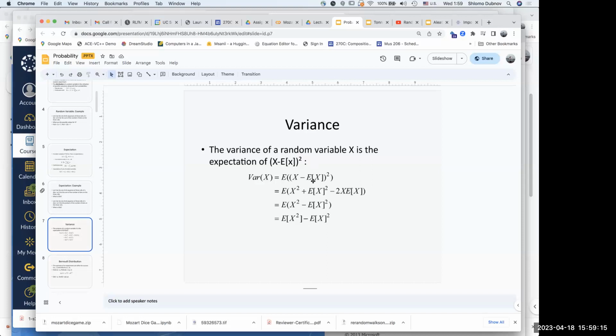Just using basic algebra, you can open this expression in this way, and using also the linear property of the expectation, if you follow this equation, you can see the variance is basically the expectation of X squared minus the E of X squared.